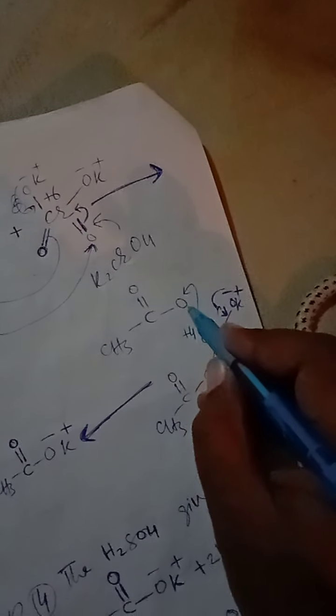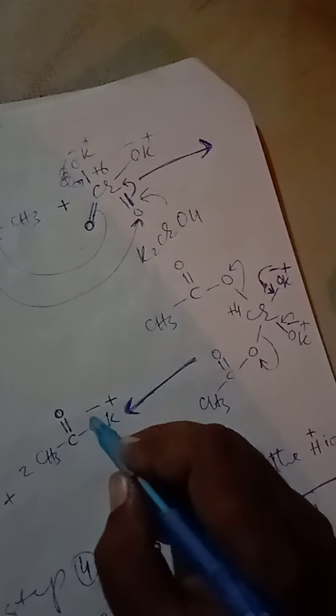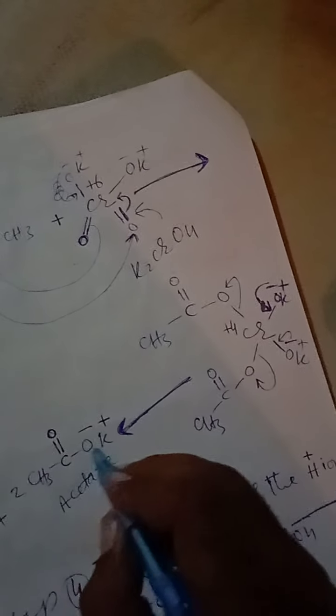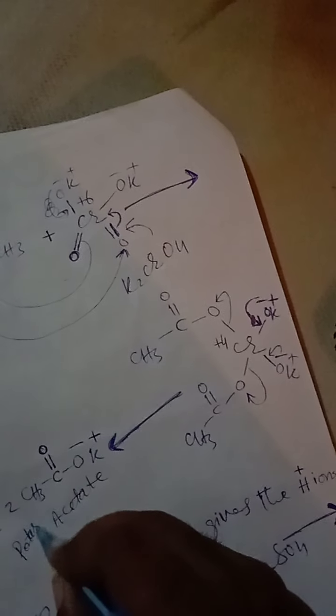Over here, in another step of the process, the bond between the oxygen and chromium shifts onto oxygen, which forms the acetate ion, and also the potassium, so potassium acetate salt is obtained.